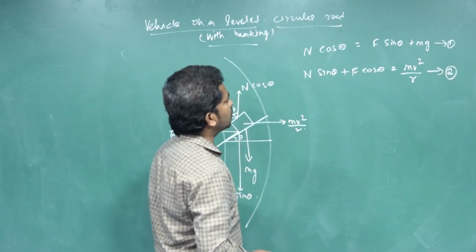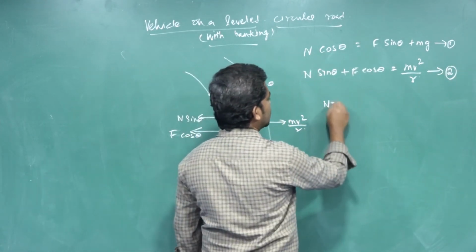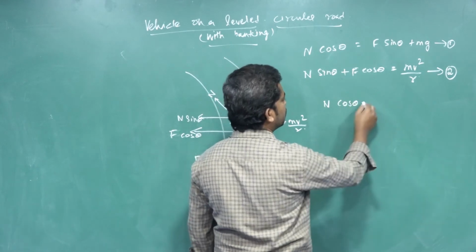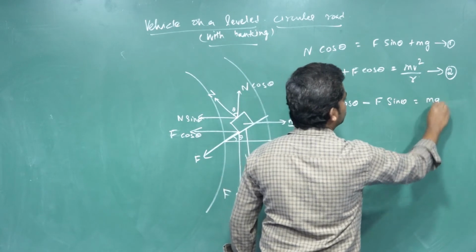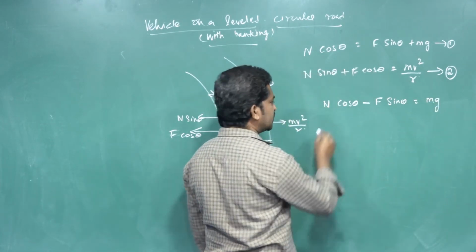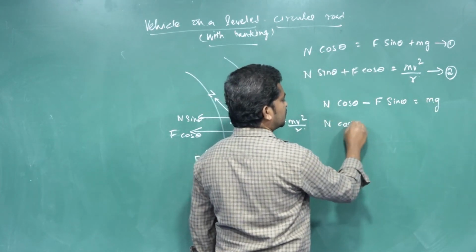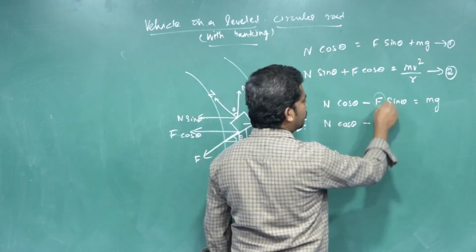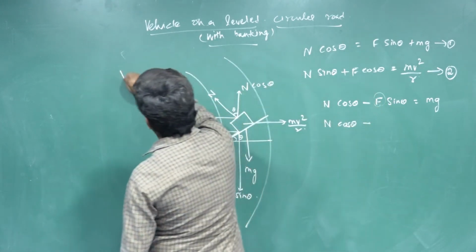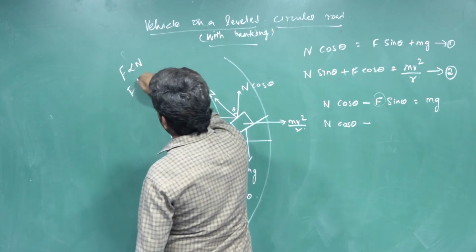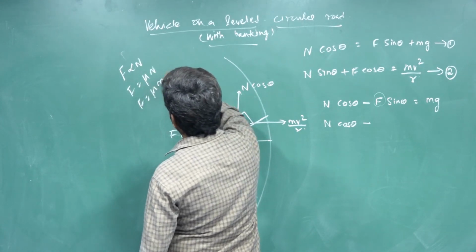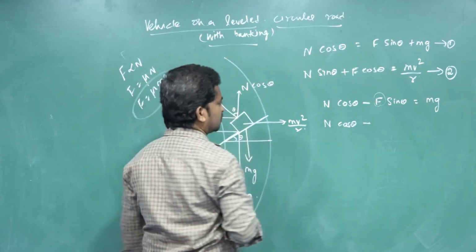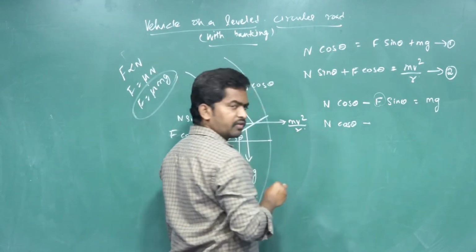In equation 1, n cos theta minus f sin theta equals mg. Here f is friction. You know well, basic friction is directly proportional to n: f equals mu into n. This is static friction, as you know from the previous class.